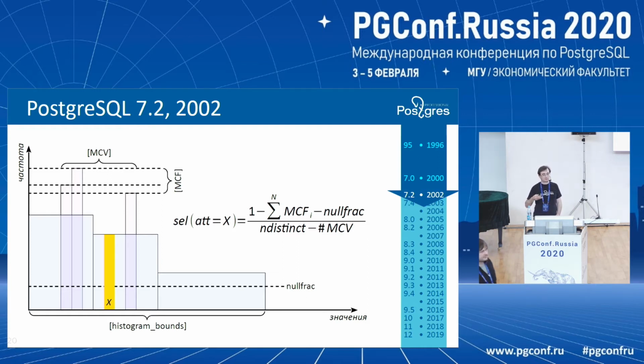If we need to evaluate the selectivity of attribute which equals to more often value, then we just take the frequency from the array. If it's not the most often value, then we will think in the same way as previously. We will deduct from 1 the frequency of the most often values, and the rest we will divide by the number of non-unique values.